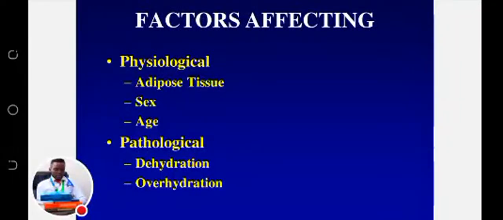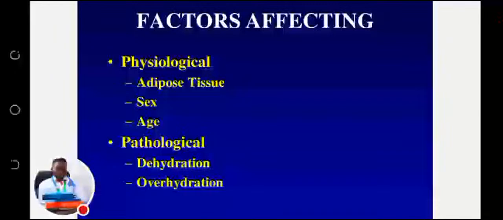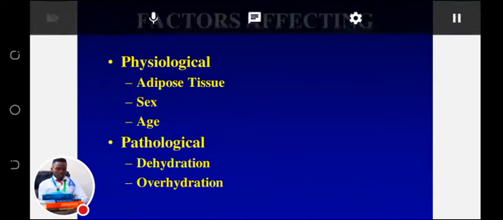As we noticed in our preamble, babies tend to have more body fluids, and an adult tends to have a smaller amount. So when a person increases in age, there is a decrease in the body fluids. Then also pathological factors, which include dehydration as well as overhydration.